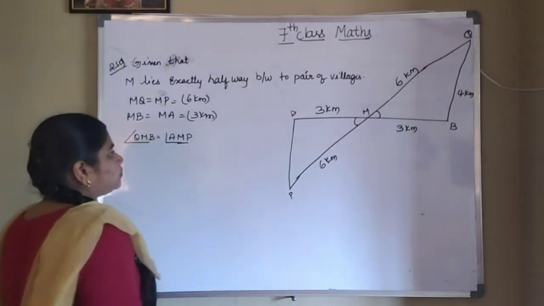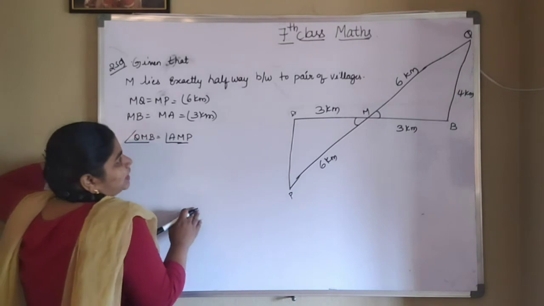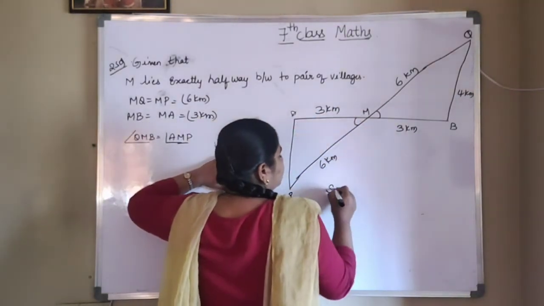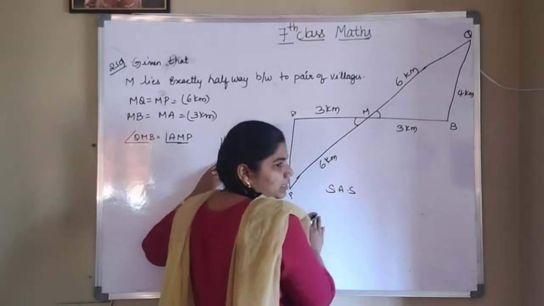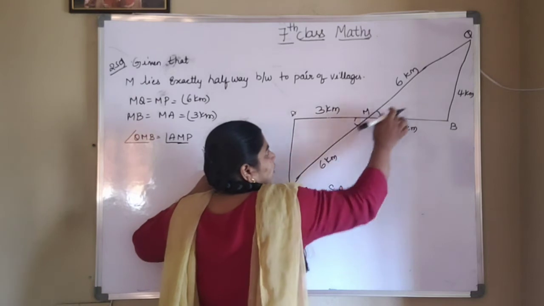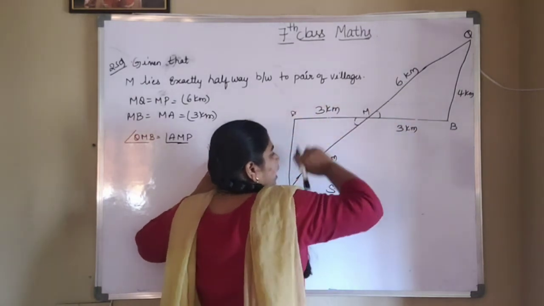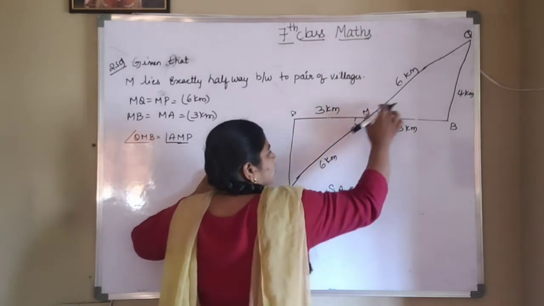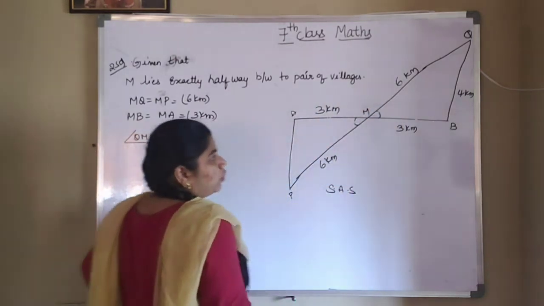So now by using SAS you can tell that these two triangles are congruent to each other. By using which congruency? That is SAS, side angle side, two sides and the included angle. So by using SAS congruency we can tell these two triangles are congruent to each other.